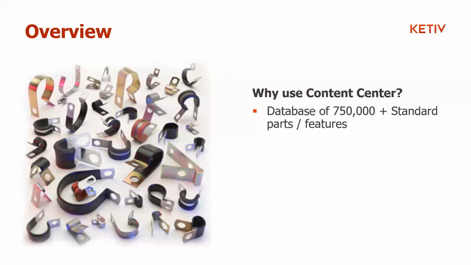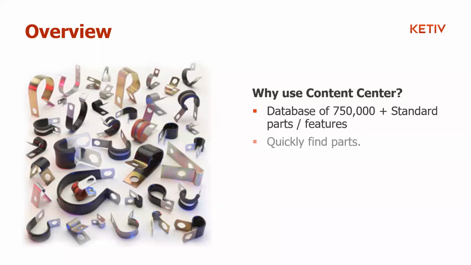So if you need a certain type of cutout, a rectangular cutout, you could probably just drag and drop it onto your part. Very little known fact there is that you actually have features. If you need a hole, you can drag and drop it there. There's probably easier ways to create that so it doesn't get used that much.